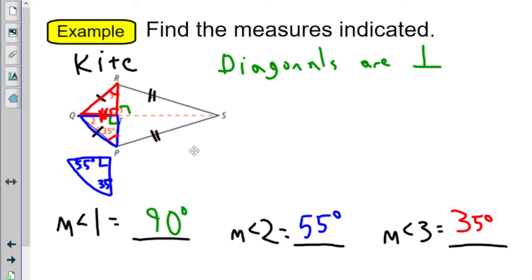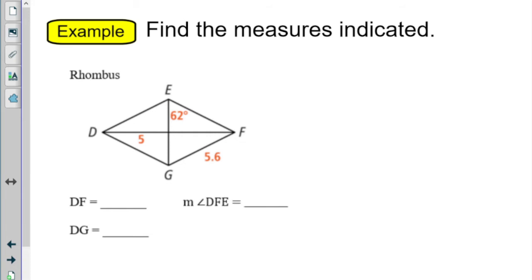Next one. We have a rhombus this time. So now we're going to refer to all the different things that are true about a rhombus. So first off, I want to know about D to F. D across to F is a diagonal. Remember, a diagonal goes from one corner to the other.